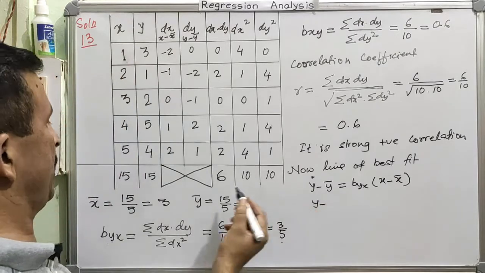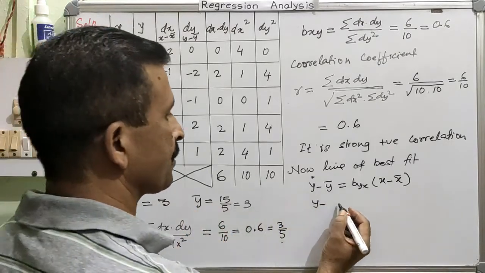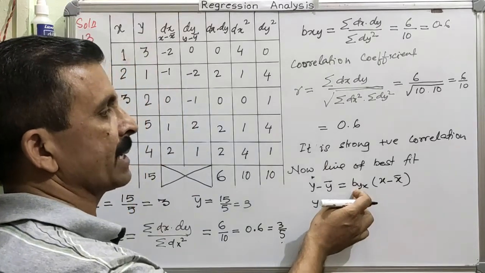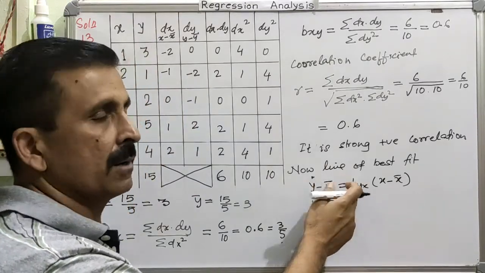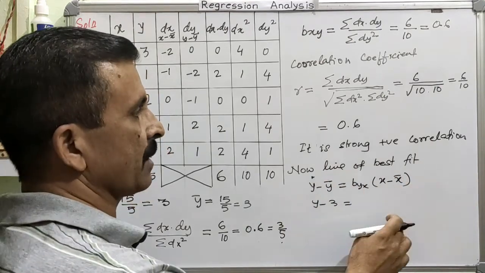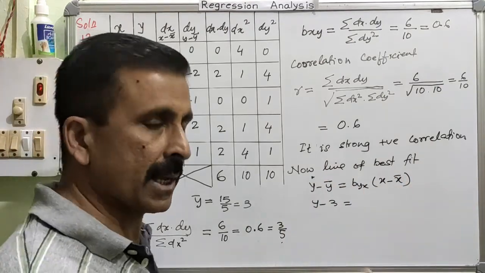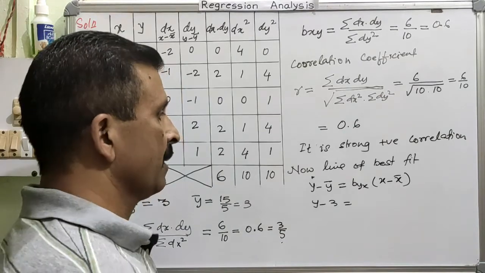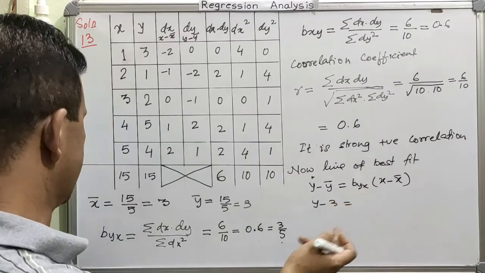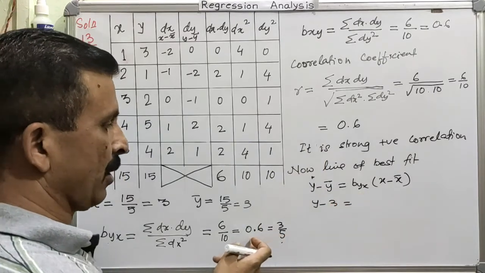Y mean is how much? Calculated 3. And this I will take in fractional form. I can take decimal also, there is no harm, and your line of best fit will come in decimal form. That also will be correct. But for me, I am going to take fractional form. So byx, it is calculated 3 over 5. I will not take 0.6.